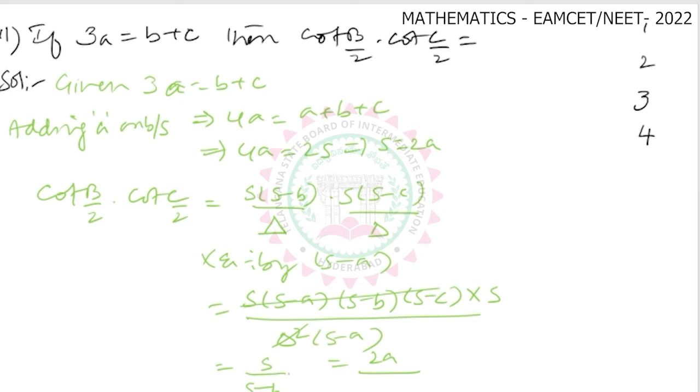So if I multiply and divide by 2, this becomes 2s by 2s minus 2a.